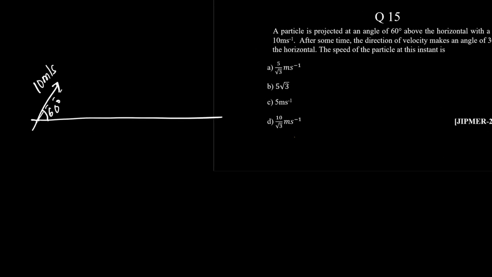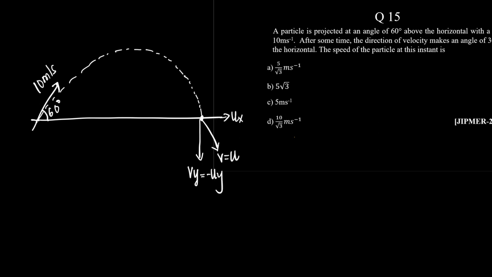So we know that this body will undergo a parabolic path. It will eventually land here with the same speed. We have discussed this in detail, that this will be ux and this component here would be vy, and vy will be equal to minus uy and v will be equal to u, right?